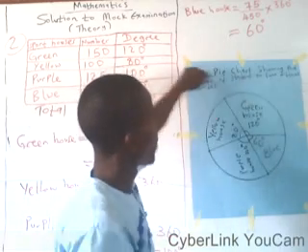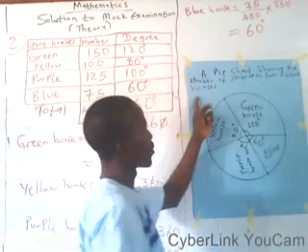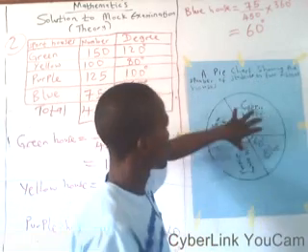A pie chart showing the number of students in 4 different what? Houses. This is the pie chart.